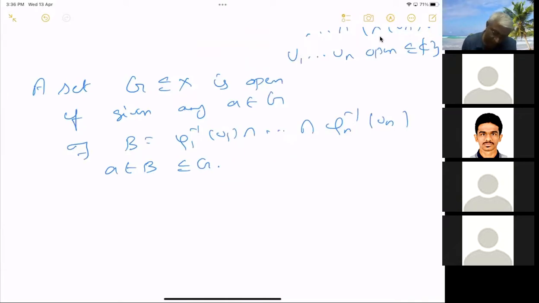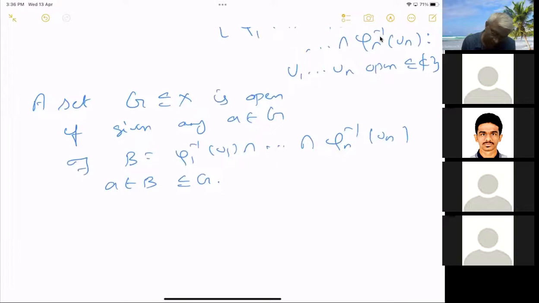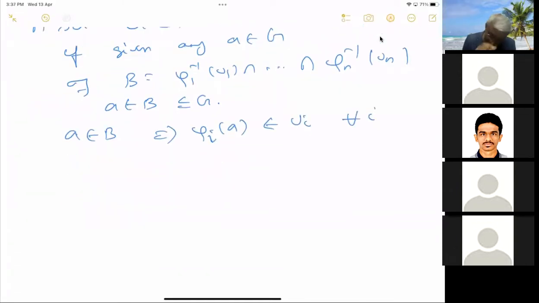So, okay. If A is in B, this implies phi I of A is in Ui for all I. But since Ui is open, there exists epsilon I such that the ball B of phi I A, epsilon I is contained in Ui.